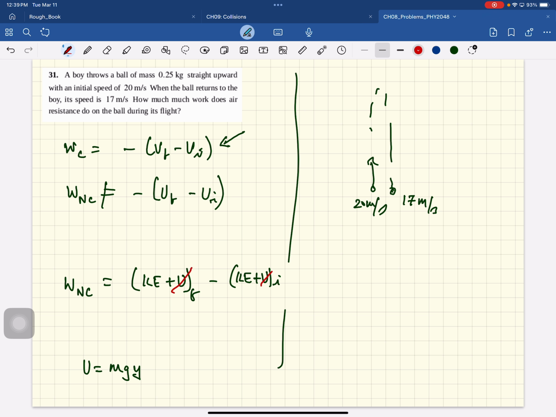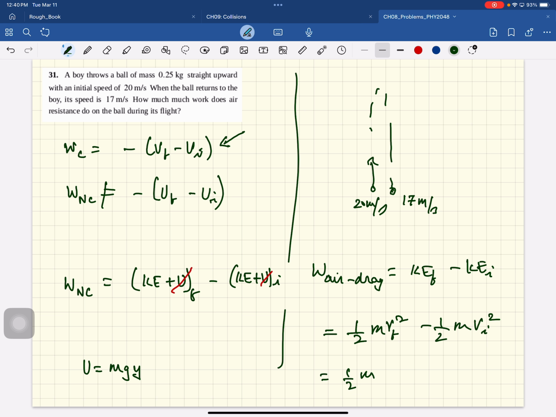So the work done by the non-conservative force, which is air drag, is equal to final kinetic energy minus initial kinetic energy, and that's equal to 1/2 m v final squared minus 1/2 m v initial squared.